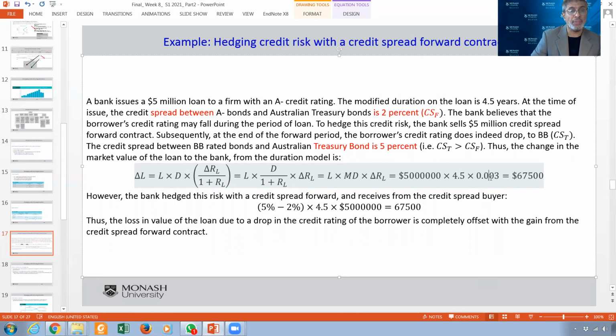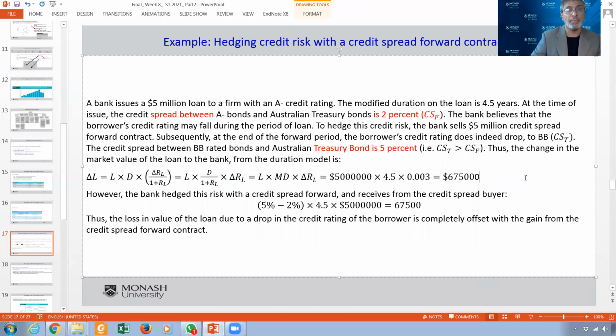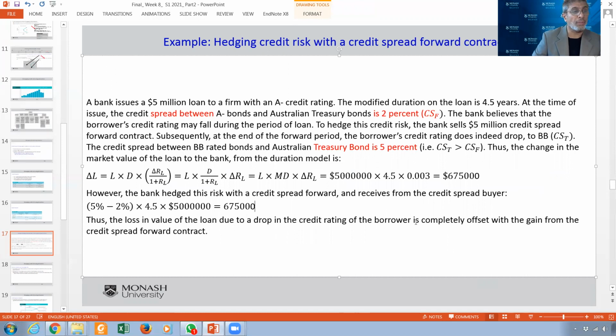This is 5%. So if this is the case, this one should be like this one, and this one should be like this one. And this should be 3%.